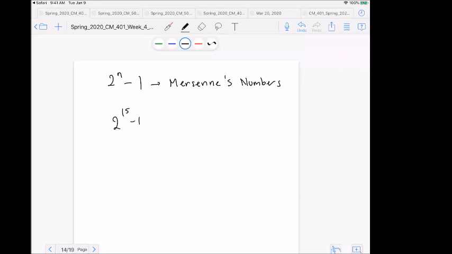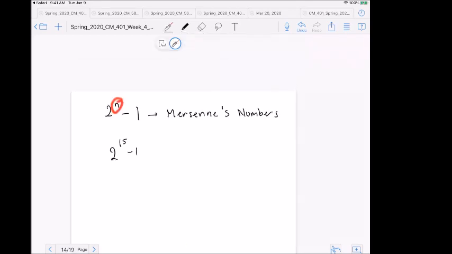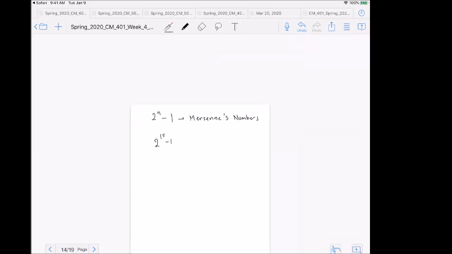So if n is not prime, 2 to the n minus 1 is not going to be prime. By the way, you can see that this is not prime if you write this number in binary.